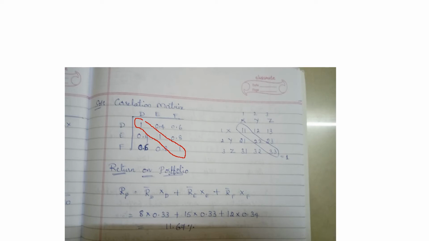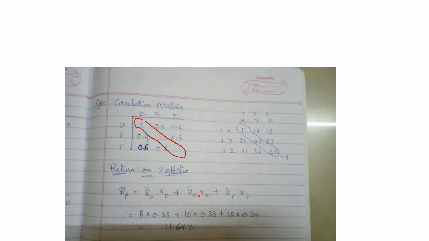Here, by taking the formula of return on portfolio, you have to substitute the values. So formula is RP, return on portfolio, is equal to three securities we have, no? So R bar D into XD, that is nothing but return into weights of the first security, plus R bar E into XE plus R bar F into XF.